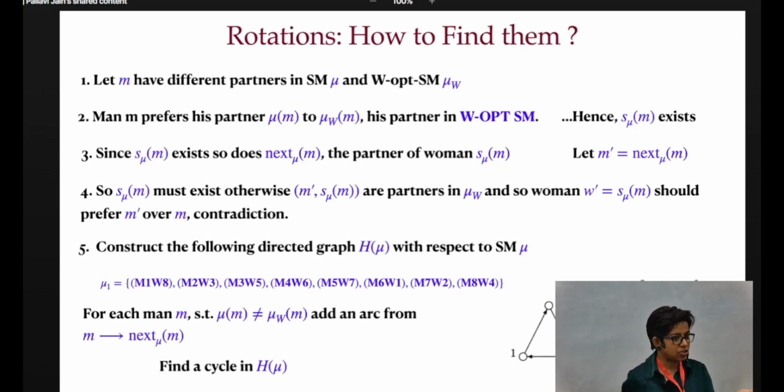Now, can it be the case that M0 W0 is part of a rotation in mu1 and is also part of a rotation in some other matching mu2, and those rotations are distinct? Can you think of an example? Yes.